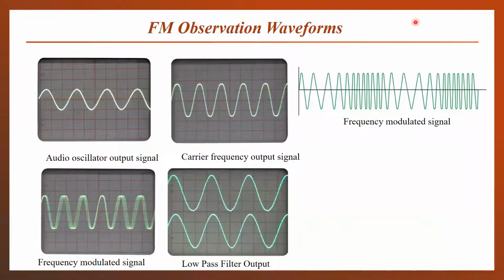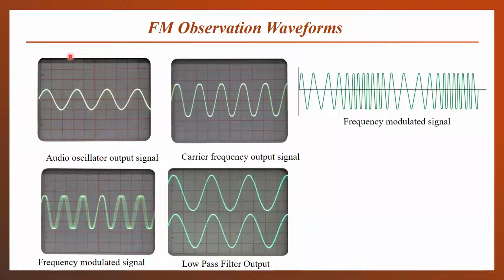I have shown here a few observation waveforms when we perform the FM experiment choosing various audio frequencies and carrier frequencies, and what we will observe in the CRO. The first waveform shows the audio oscillator output signal, and the audio oscillator will provide a fixed low frequency signal, which we can tune.